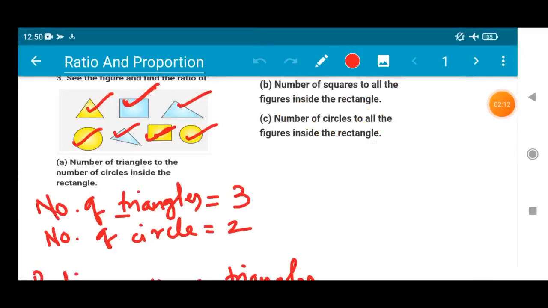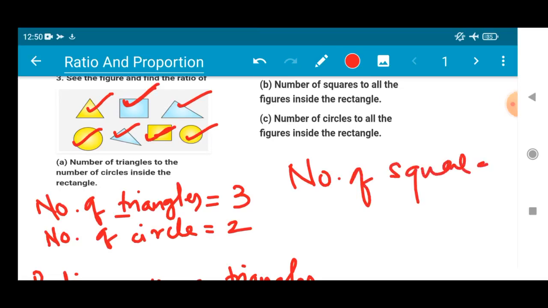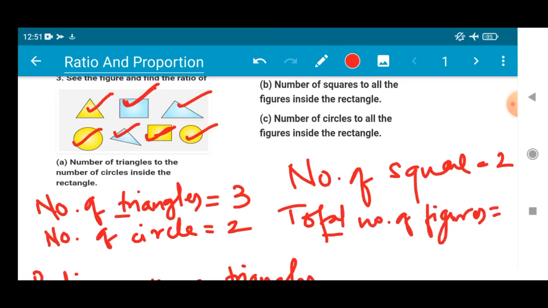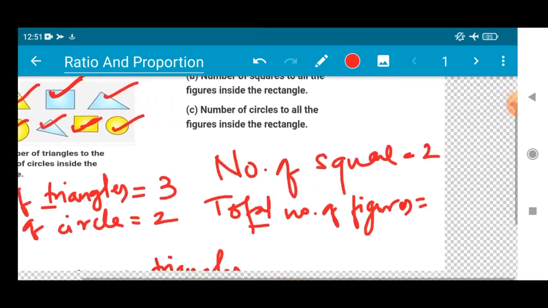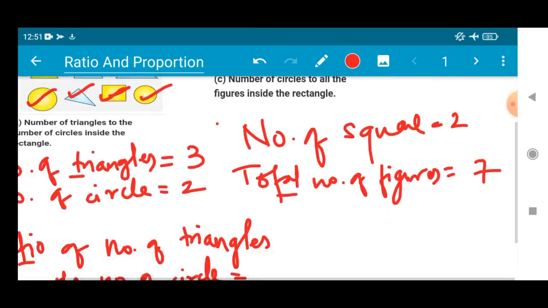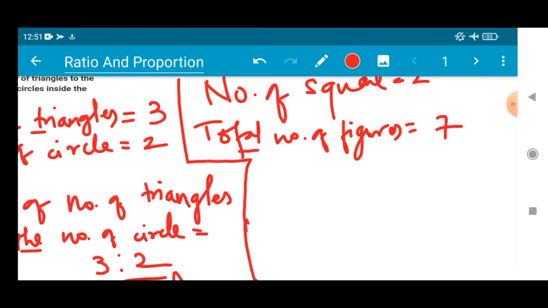Now we wrote number of triangles, number of circles. Let us write number of squares is equal to 2, and total number of figures is equal to 7, right? Because there are 2 squares and the total number of figures we have inside the rectangle is 7.